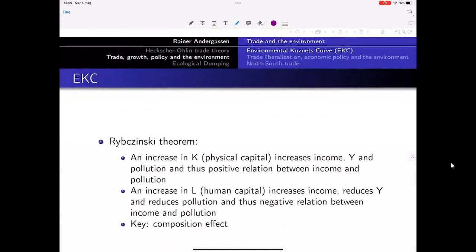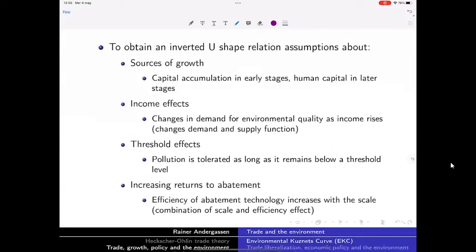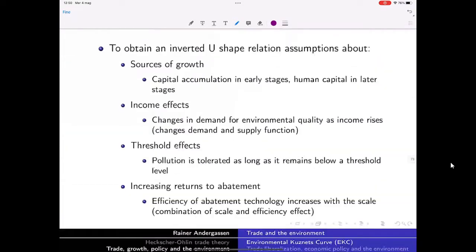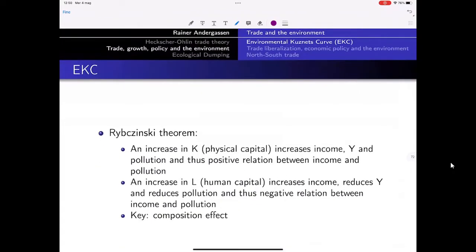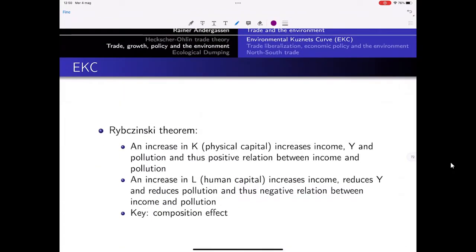So let me first of all discuss the theoretical reasons why you might expect an inverted U relationship. The first story relates to what we have seen in the previous lecture, going back to the Rybczynski theorem we saw yesterday, and it has to do with growth sources in the economy.